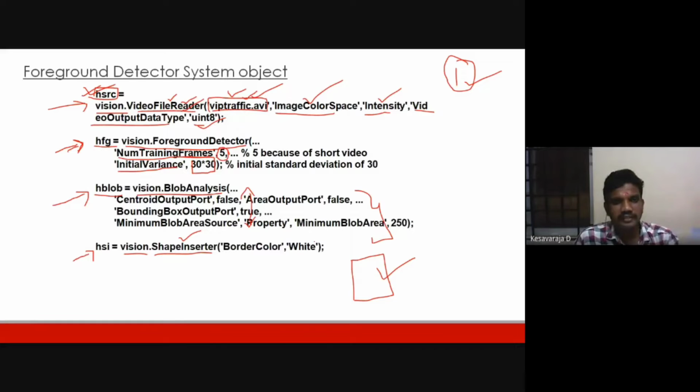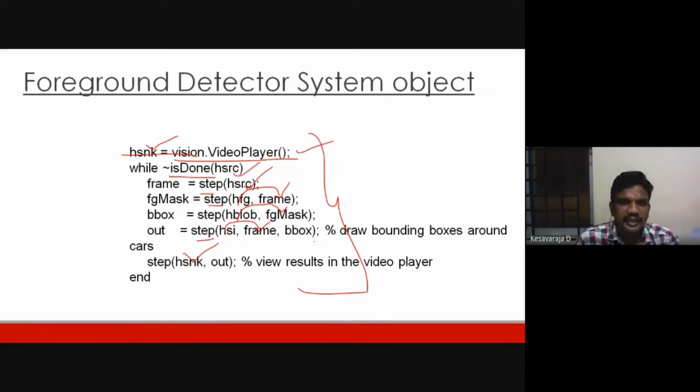HSRC is a handler for the source video. HFG is a foreground detector. HBlob is used for finding the binary large objects. Then HSI is a shape inserter for border color. HSNK is a vision.VideoPlayer for playing the final result video.